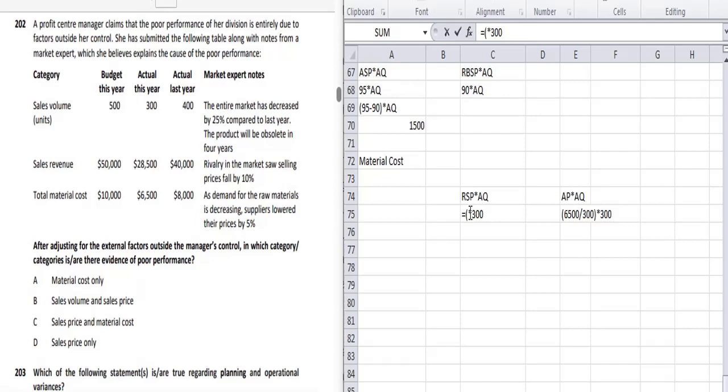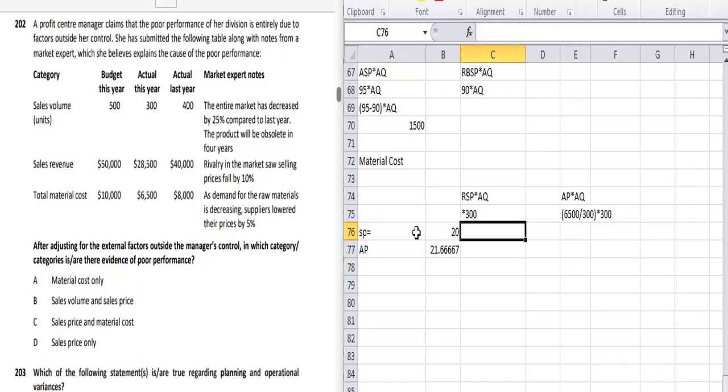This is our standard price. First of all we need to know the standard price of the material, right? Standard price is 10,000 divided by 500 units, so the standard price was 20. And what is the actual price? Actual price we get by 6500 divided by 300, so it's 21.667. Up to here I hope you guys are clear.